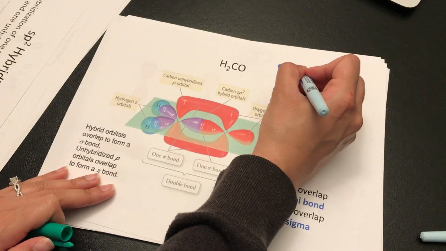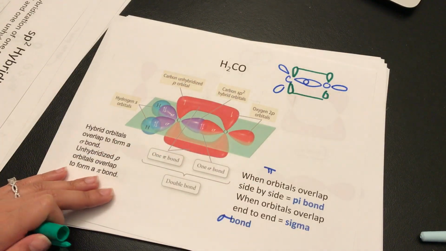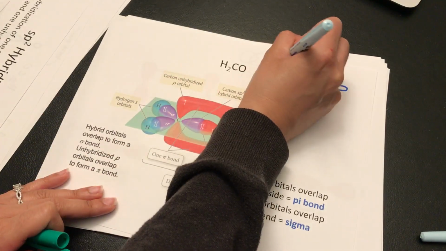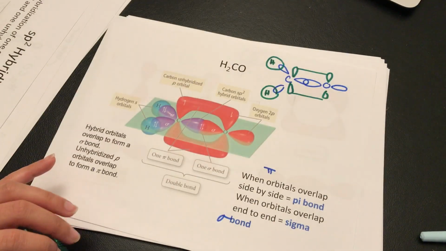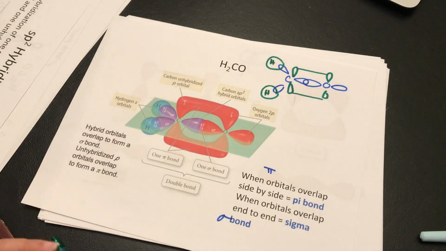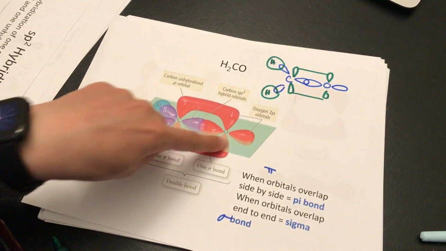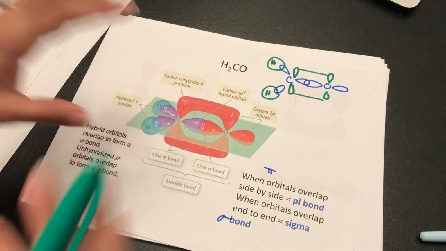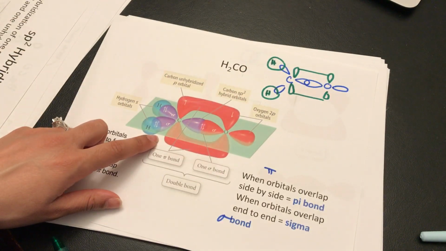Well, they overlap side by side to give us this red orbital looking here. And each of my hydrogen orbitals overlap with the sp2 orbitals of my carbon. Then you get something way prettier here that shows you the actual overlap, putting the bonds and orbitals together, including the hybridization of the carbon.